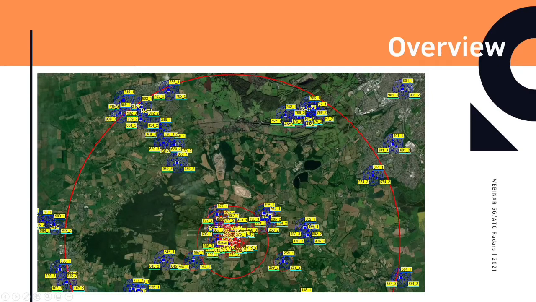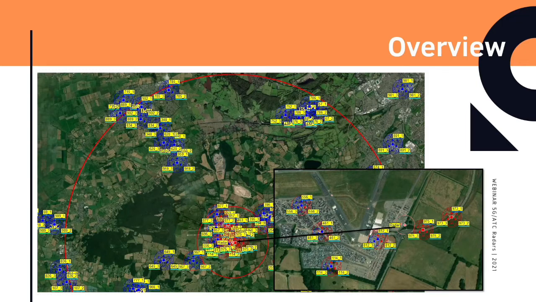So the coordination is needed up to 7 kilometers, and we're going to take the UK approach to coordination, the technical framework for the coordination process between 5G and ATC radars, as an example. So sites beyond 7 kilometers, they don't need to coordinate. Sites within 7 kilometers, they need to coordinate.